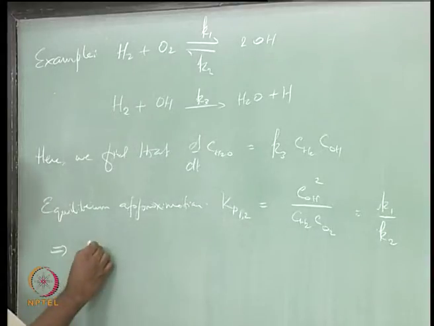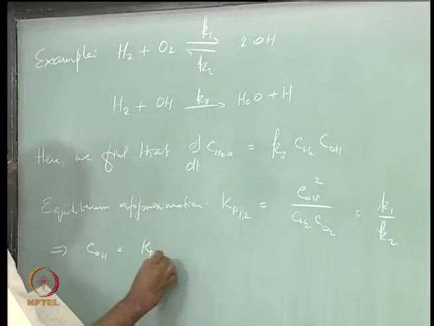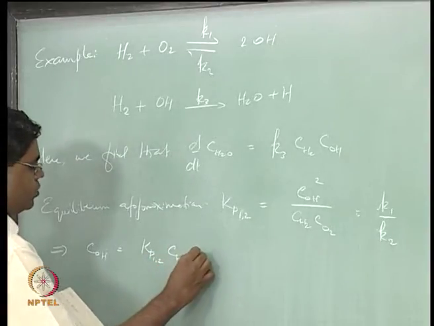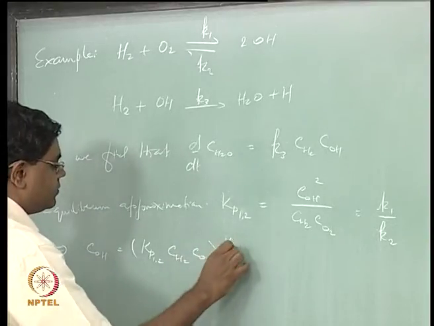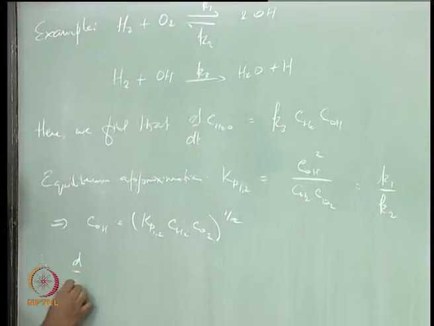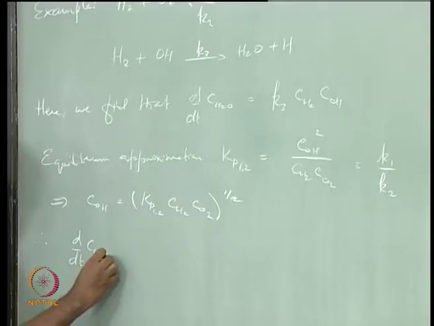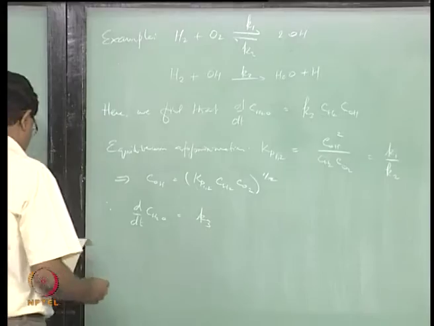So COH then is Kp1,2 CH2 CO2 all to the half, and therefore the CH2O rate is K3.